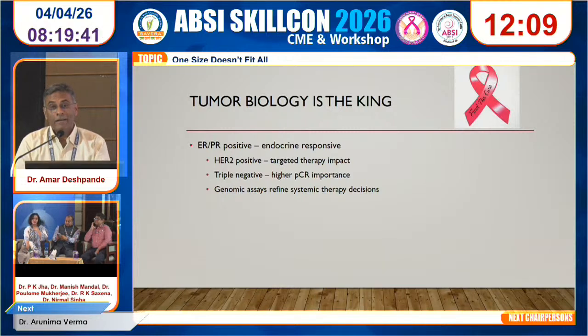And ER/PR positive cancers, we already saw that in the last 2 slides. They are endocrine responsive, but they may not respond so well to the chemotherapy. So we might just do upfront surgery. But if they are triple negative or HER2 positive, we might consider NACT.